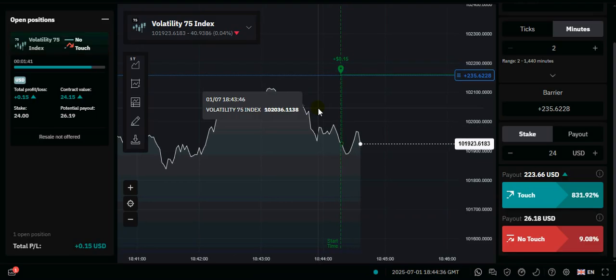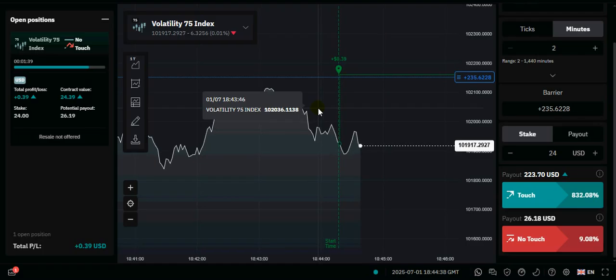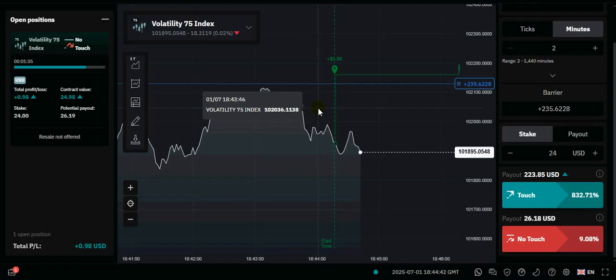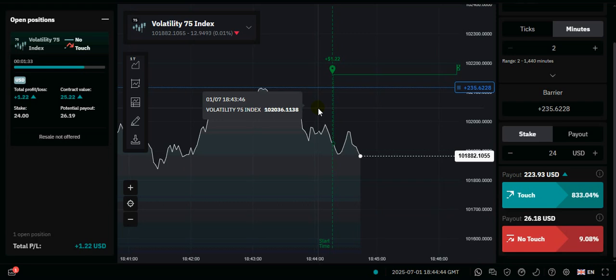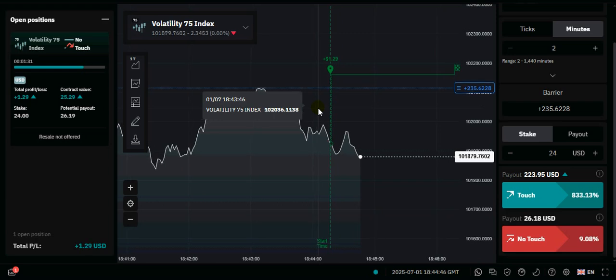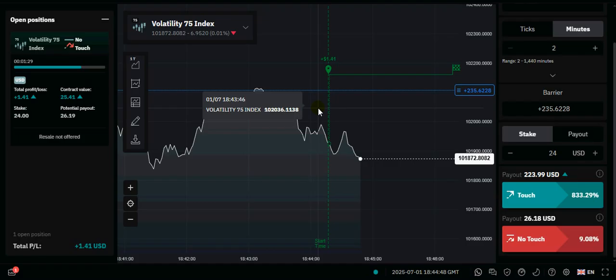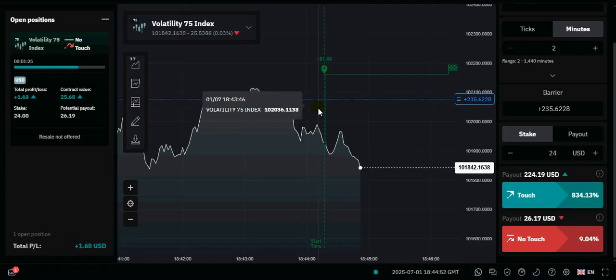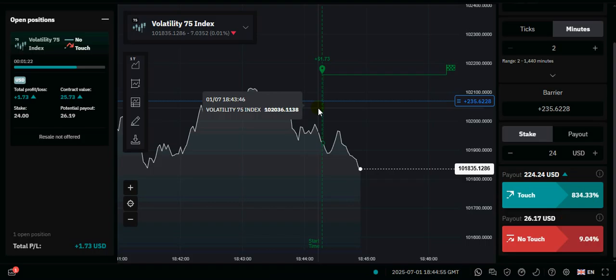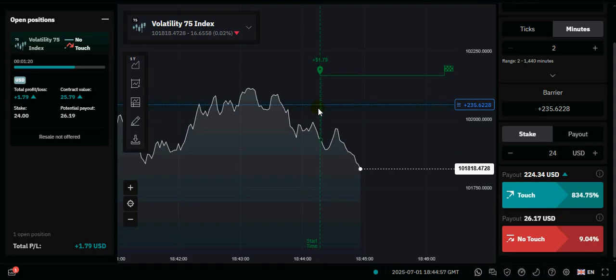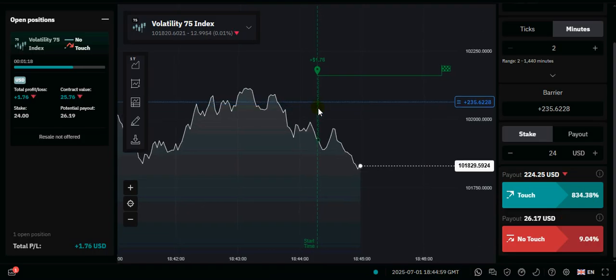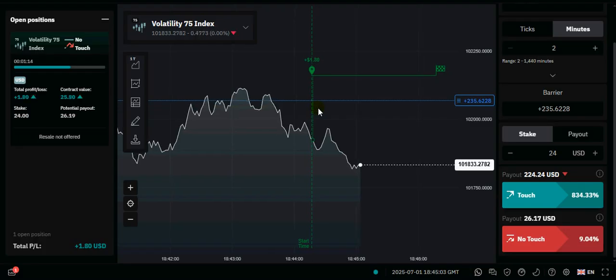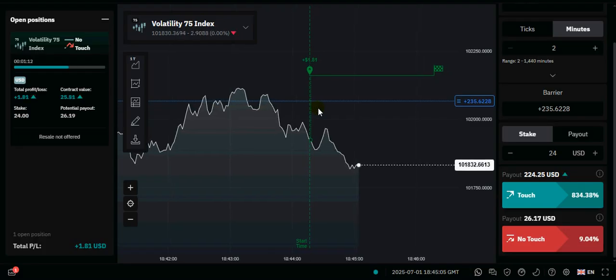The time count. Don't forget it has to drop down 3 times.